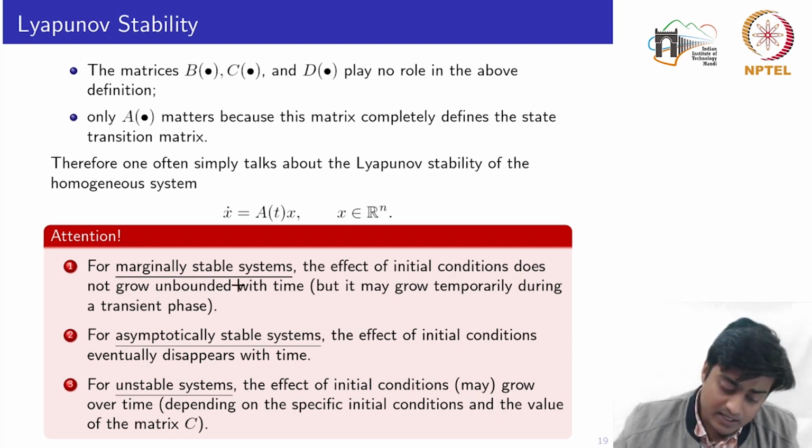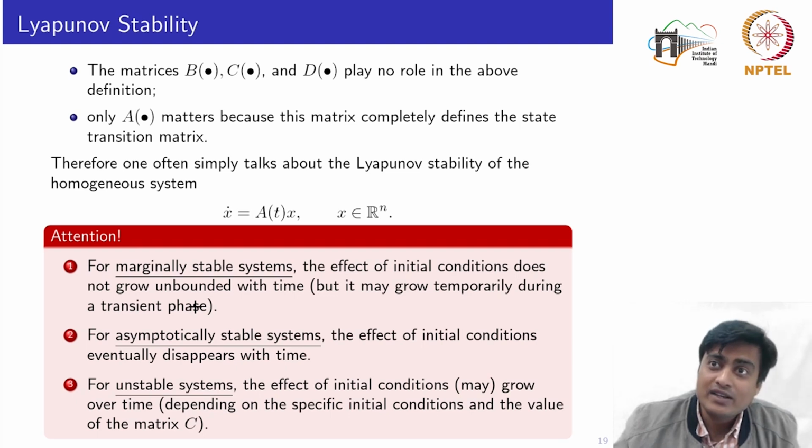So if you try to relate those definitions with the example we had considered, for marginally stable systems, what we are interested in is that the effect of initial conditions does not grow unbounded with time, but it may grow temporarily during a transient phase. When we were computing the response of the system, it starts with some transients and settles down at some steady state. The definitions we have introduced only speak about the steady state.